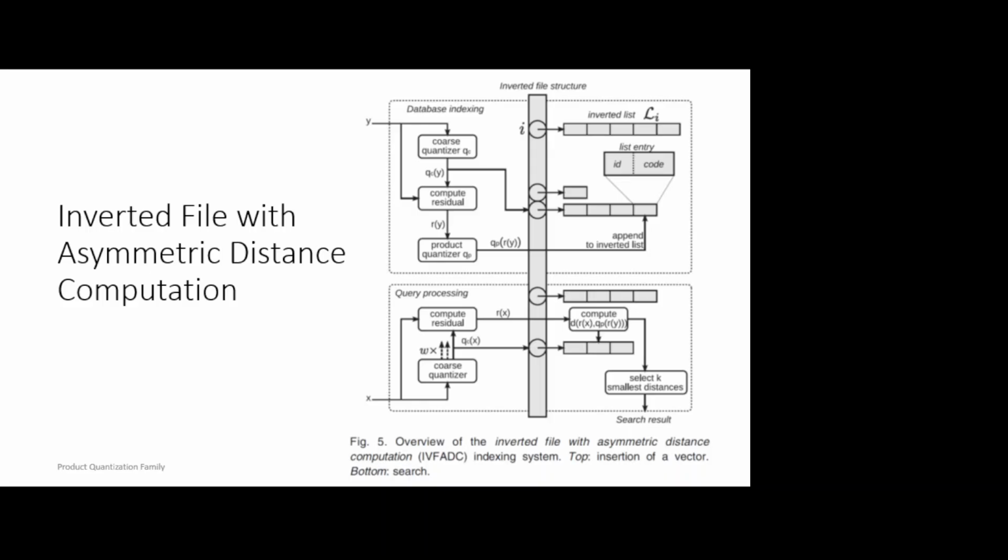Then we use the residual to compute the asymmetric distance computation with all the candidates. Then we do the sorting to select the top k distances as our search result. Okay, any problems? The whole architecture is called IVFADC.